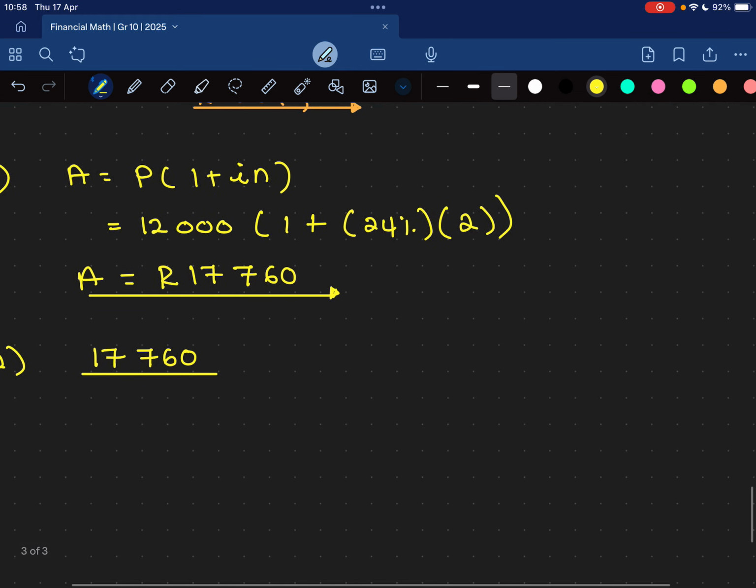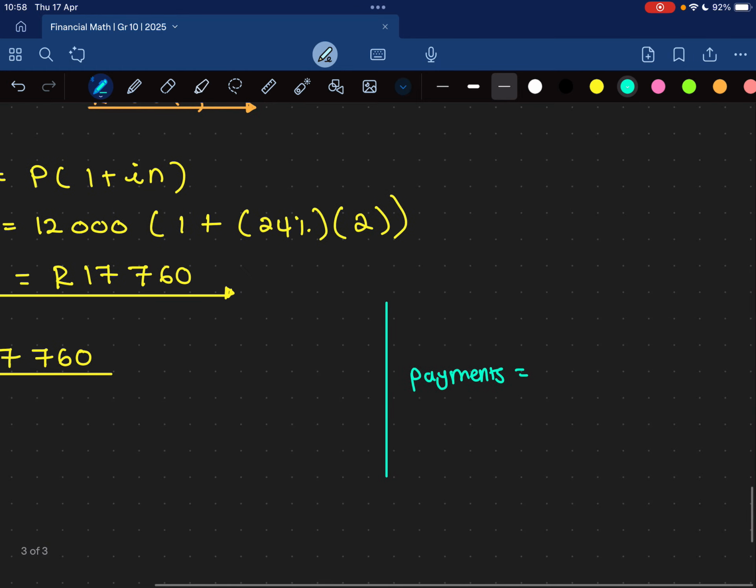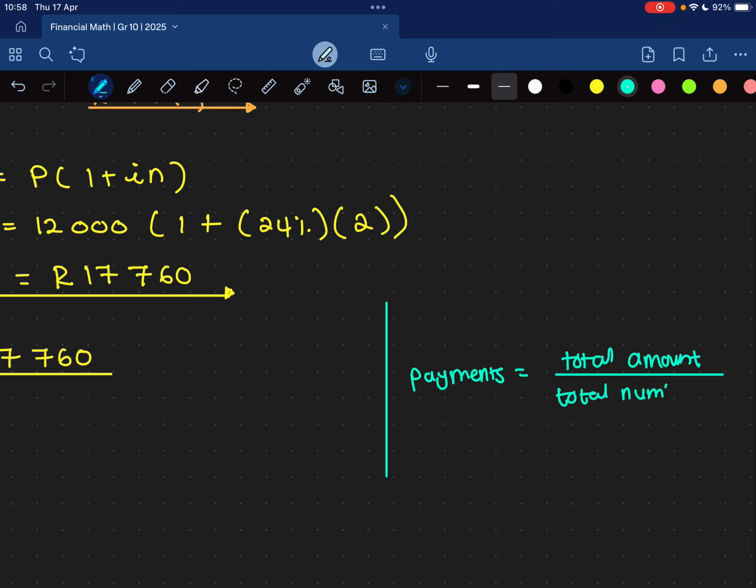So you can basically use a formula to say that the payments would be equal to the total amount over the total number of payments.